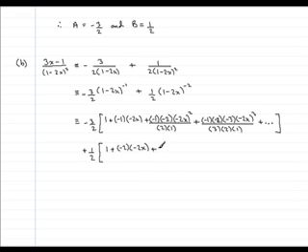Then it's plus, then we take the power again, minus 2, reduce it by 1, so that's now minus 3. Multiply it by the x term, minus 2x, but it's now squared, and that's all over 2 factorial. So 2 factorial is 2 times 1.